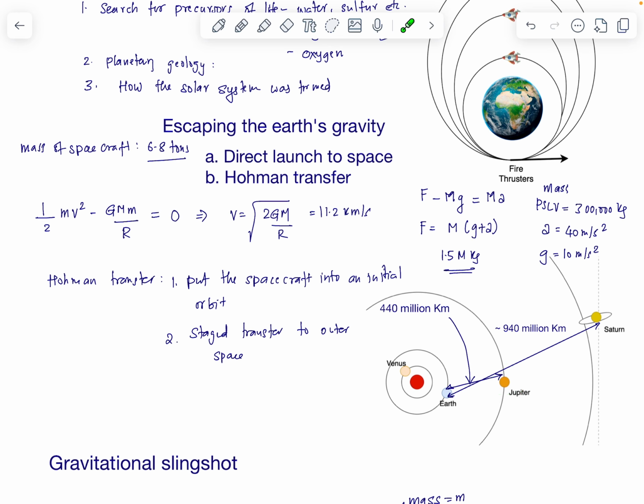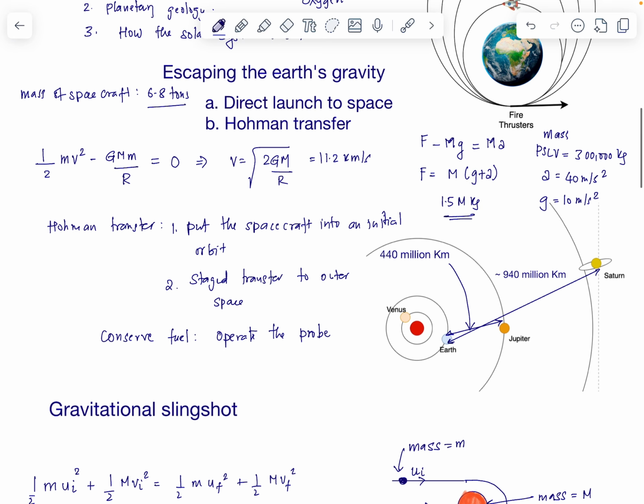The primary goal is to conserve fuel, so that you can operate the spacecraft, the probe, I'll call this a probe, and run experiments.